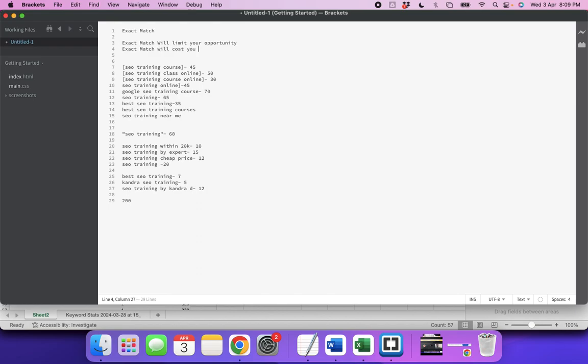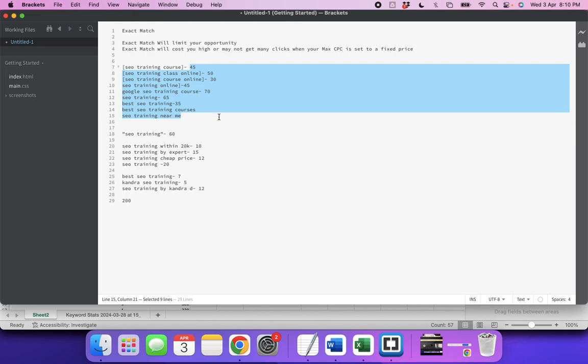Exact match will cost you high or fixed price. So in the settings, regardless of all the CPCs, in the account settings, I can put a condition: do not charge me more than 30 rupees. You are giving a condition not shown for this term SEO training. It might show your ads for all of these terms. Is that clear, guys?